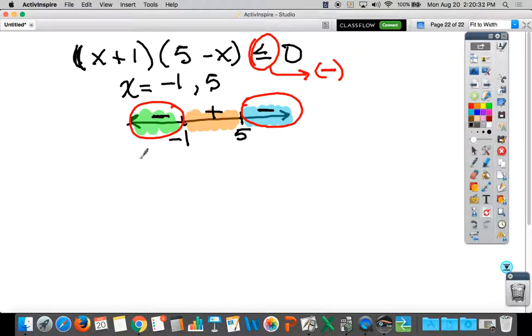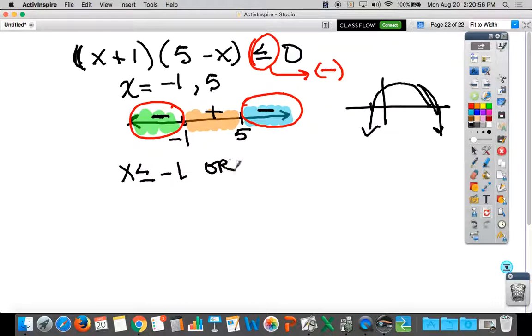My answers would be, now this looks like less than and, but it's not, because this is actually an upside down U that goes through -1 and 5. So this would be x is less than or equal to -1, or x is greater than or equal to 5.